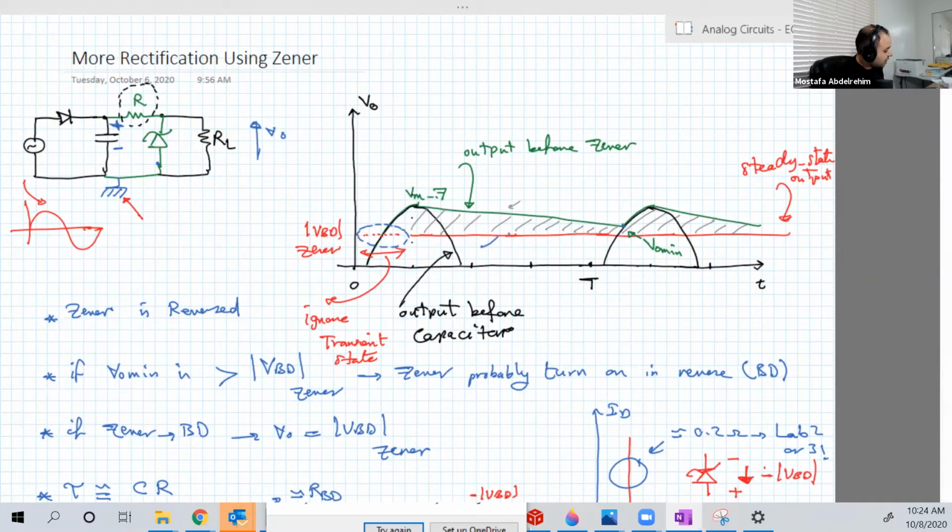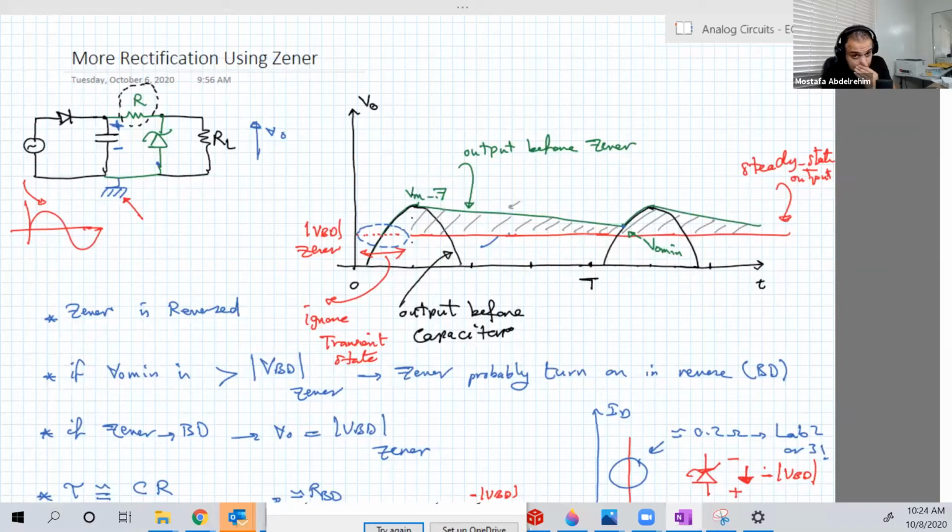Okay, guys. So the good thing about this solution is that it's not perfect, by the way, but it's much better than the previous output with the ripple, if you want some perfect DC, we can say.